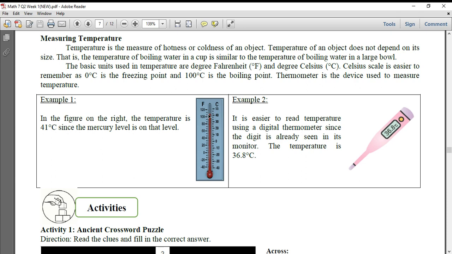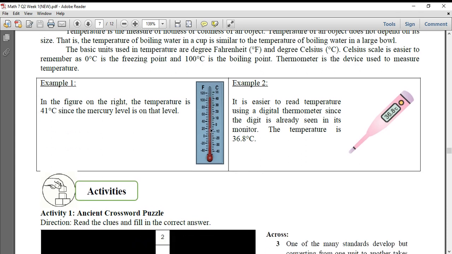Oh, no. So, that's 10. Okay. So, 103. Okay. So, hindi natin siya pwede, 110 dito eh. So, 110. Most probably, it's 107 degrees Fahrenheit. Okay. So, may conversion tayo niyan sa ating week 2. Okay. Degrees Celsius to degrees Fahrenheit.